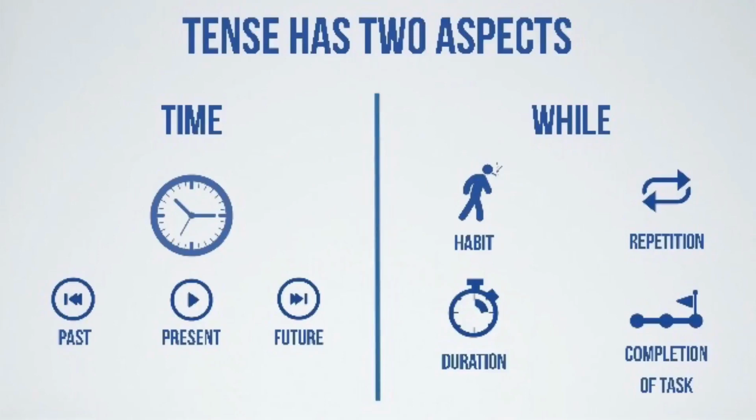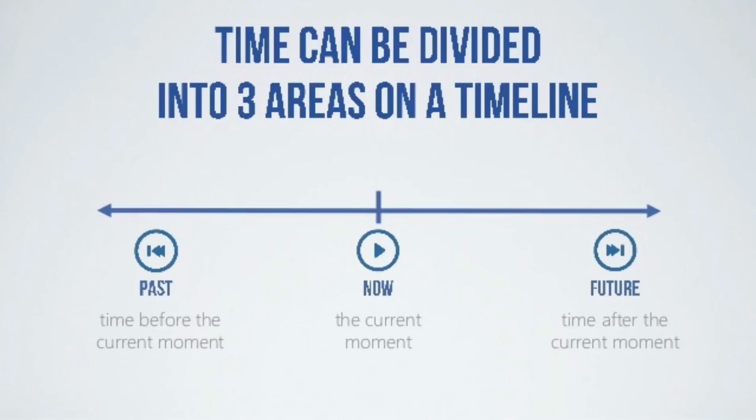One is according to time, that is whether it's past, present or future, while the second aspect is according to habit, repetition of the work, according to duration or according to completion of the tasks, we can identify the tense. Now if we talk about more specification, so we can say time can be divided into three areas.